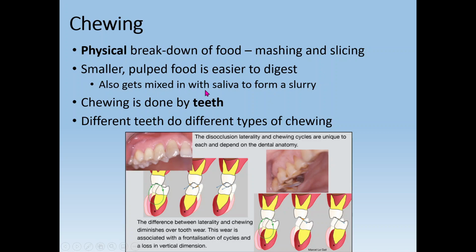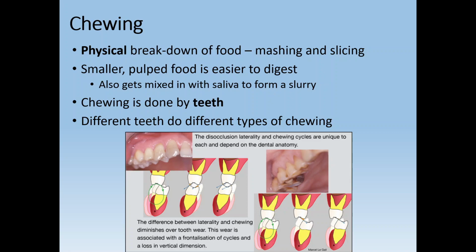You are also doing some form of chemical breakdown by introducing saliva, which has digestive enzymes in there. This saliva is going to provide moisture to your food to turn it into a slurry. And then again, further on, we're going to add even more moisture. We're going to turn it into essentially a liquid moving through your digestive tract.